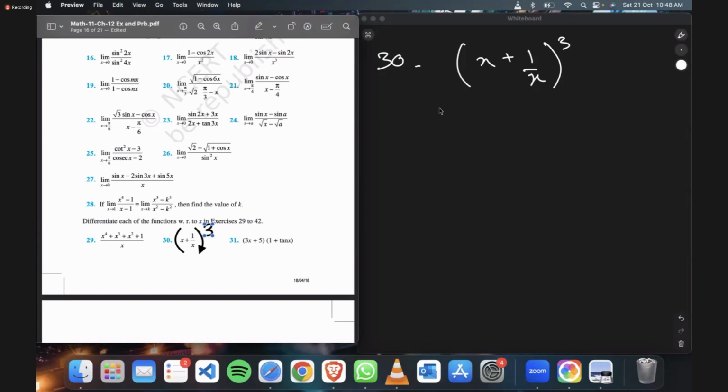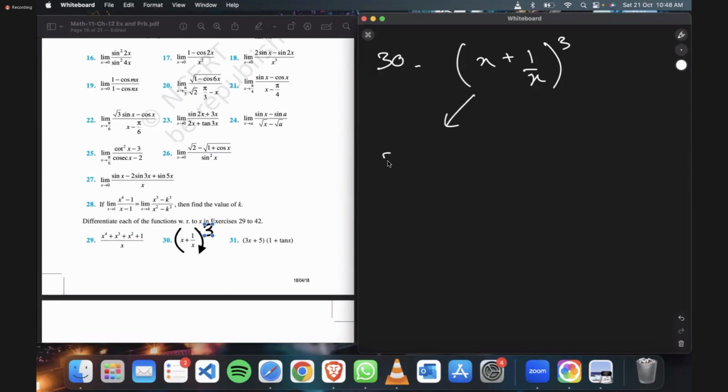So now I can solve it in many ways. Like I can cube this whole thing. There are two ways. Method one. Let's see. Method one is just simple like this. Squared into 1 plus minus x to the minus 2. Alright. One is this. Other method is you can open this whole thing up.